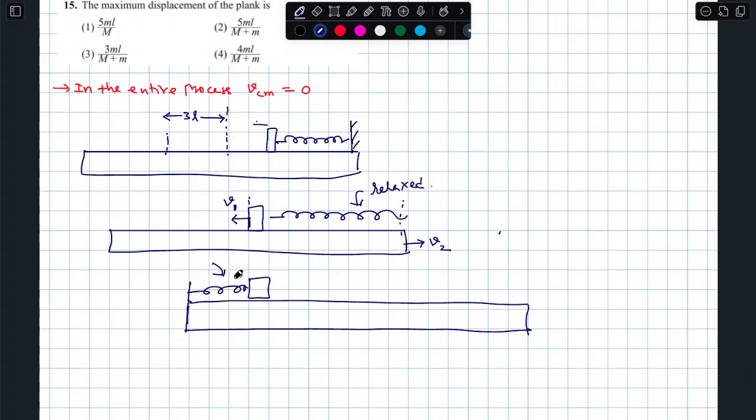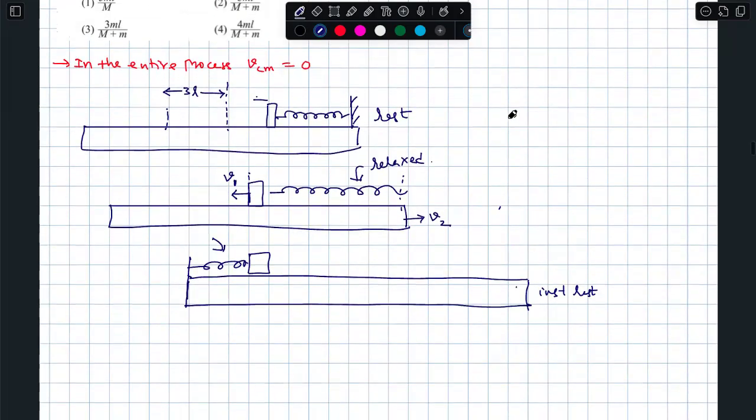Now this is maximum compression and it comes to instantaneous rest. Right or not? So in this process, yes or no, the system comes to instantaneous rest. Here also the system is at rest, so linear momentum is also considered.